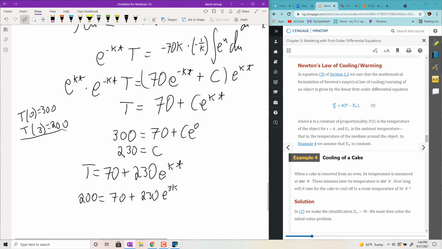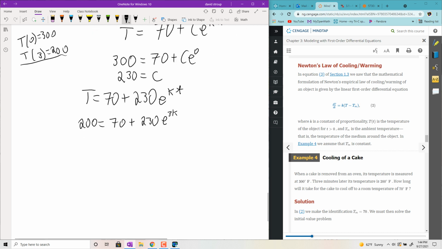200 equals 70 plus 230 e to the 3k. I want to solve for k. Move the 70 over, so you get 130 equals 230 e to the 3k. Divide by 230, you get 13 over 23 equals e to the 3k. Take ln on both sides, and you get ln of 13 over 23 equals 3k.